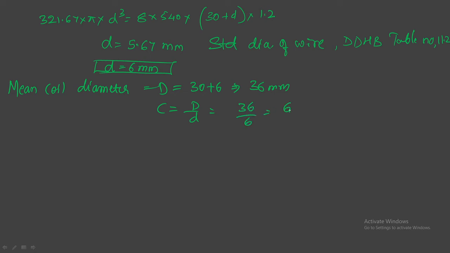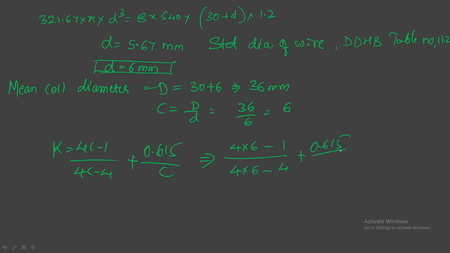Now let us cross verify whether the selected value of K is suitable or not. K equal to 4C minus 1 divided by 4C minus 4, plus 0.615 divided by C. Now you calculate how much you are going to get.